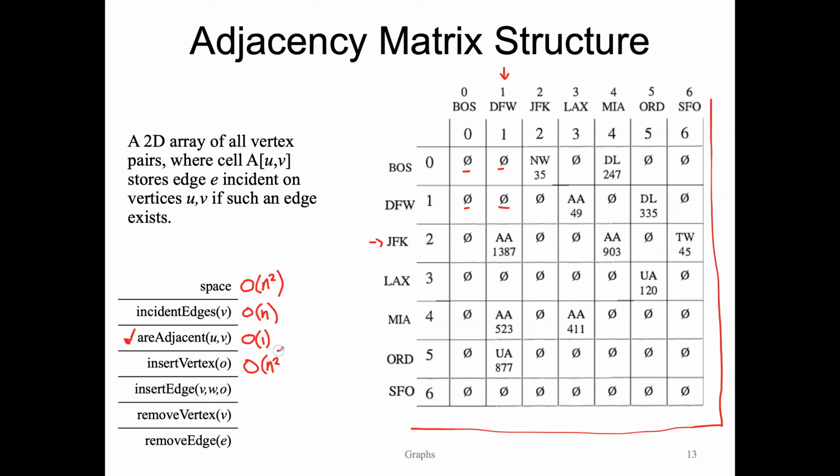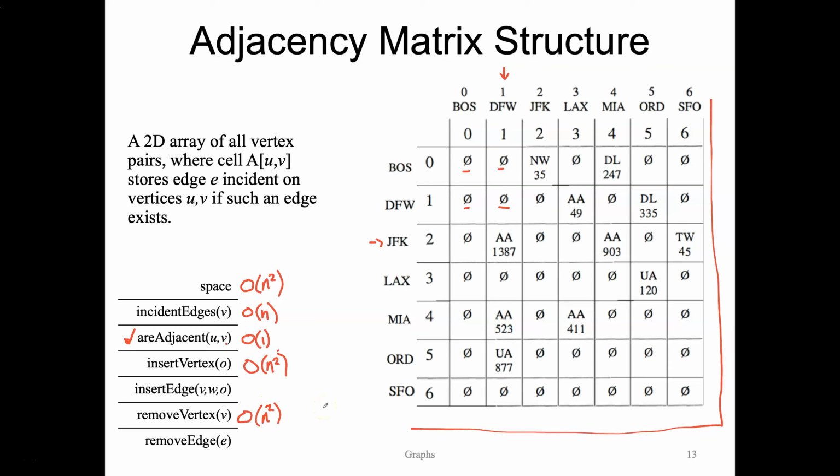And similarly for removing a vertex. If we get rid of that vertex and then that means we create a new array of one size smaller, just a straightforward implementation of this would be then to resize our matrix. We have to go through all n squared cells.